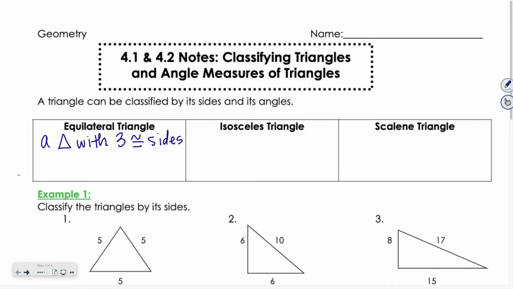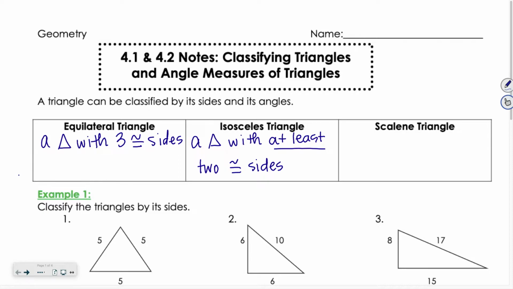So an isosceles triangle is a triangle with at least two congruent sides. And the reason it's at least is an equilateral triangle is an isosceles triangle. It's just a special type.